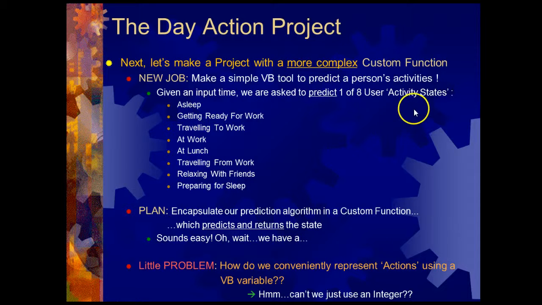He calls them activity states. So his plan is to encapsulate our prediction algorithm in a custom function, but how do we conveniently, here's the key word, conveniently, represent this stuff using a VB variable? There are lots of ways to do it, but he's going to give you one way. Can't we just use an integer, he says.